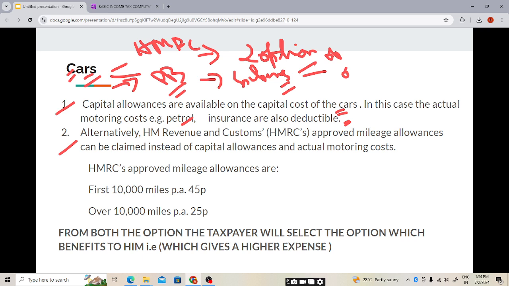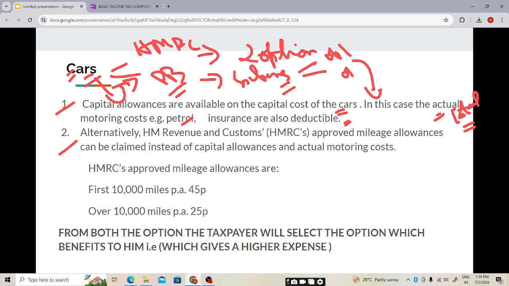Option number 1 says that you can claim capital allowance on this car, and whatever insurance or petrol you are paying. I will be claiming capital allowance on the cost of the car, and I am also filling petrol and paying insurance. That total amount you can deduct from your property income.